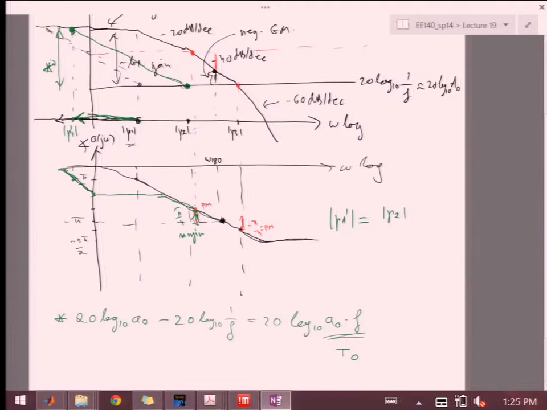So if I back off from P2 by 10x, I increase my gain by 10x. Right? So my gain becomes 10 because I'm starting from 1, and I want to go all the way to A0f. So how much do I have to go back?